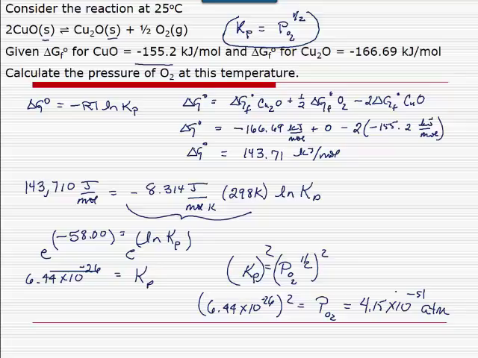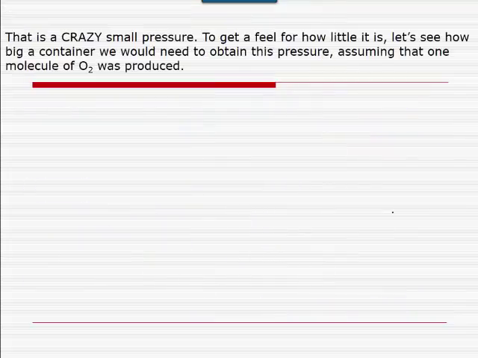As a matter of fact, in any normal container, you couldn't even get one molecule to the right because that would give you a pressure greater than that. Let's see what we can do next, just to get an understanding of how tiny that pressure is. To get a feel for how low that is, let's see how big of a container I would need in order to produce that pressure by only one molecule.